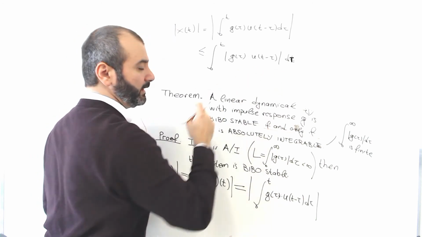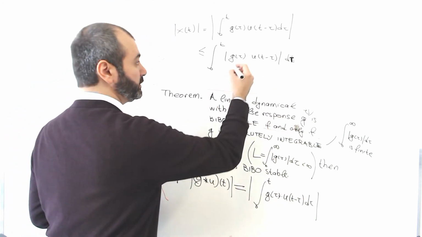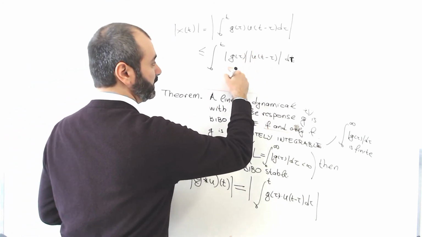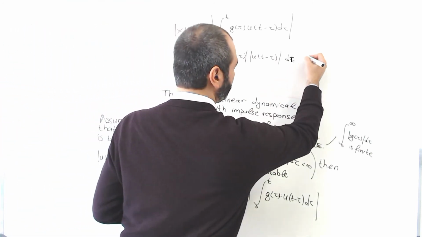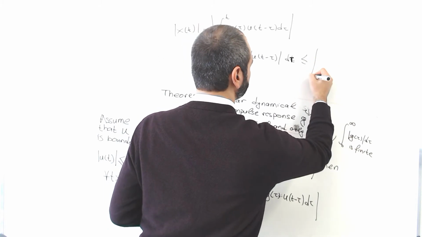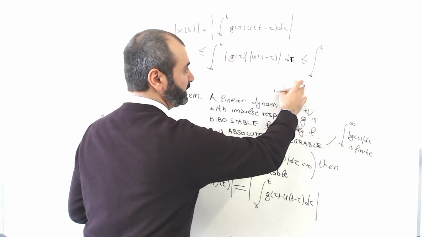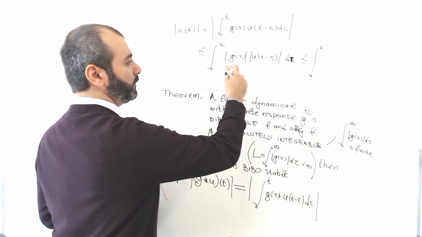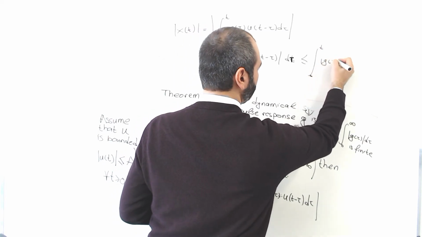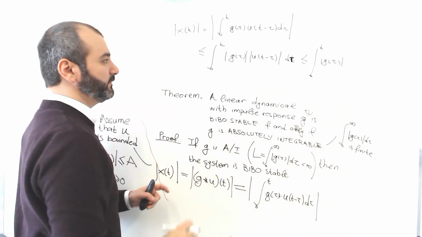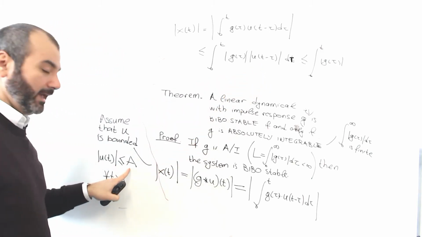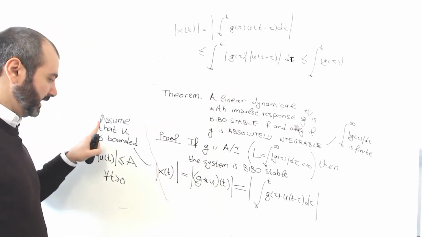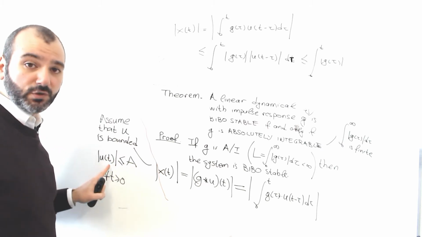The absolute value of the product of these two functions is equal to the product of the absolute values. Very simple. Now, this is the integral from 0 to t of the absolute value of g of tau. And now we'll use the fact that this function u is upper bounded by a.